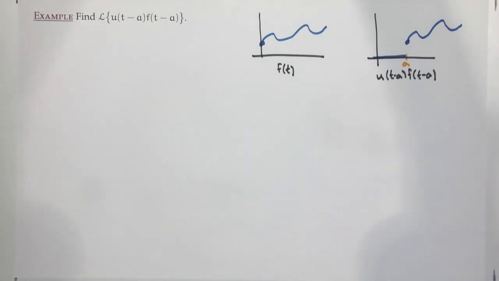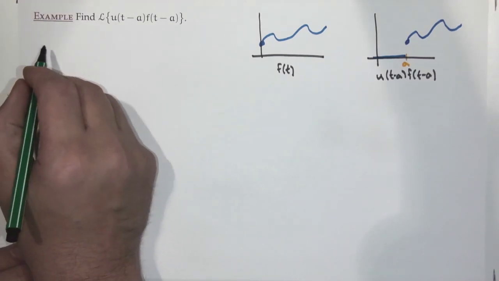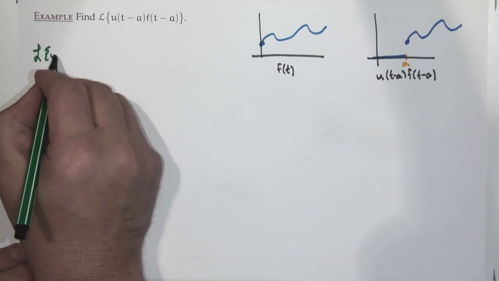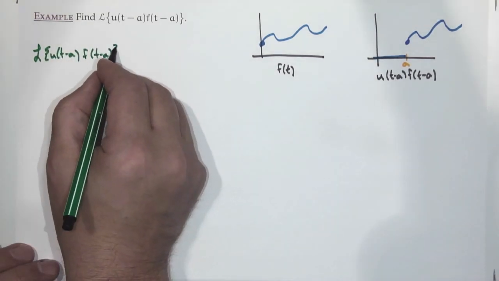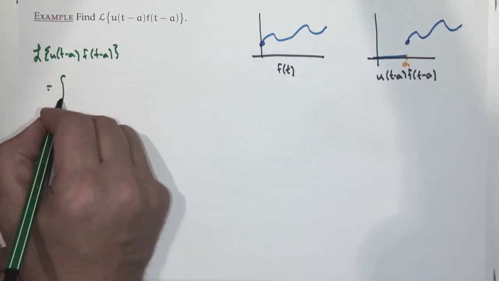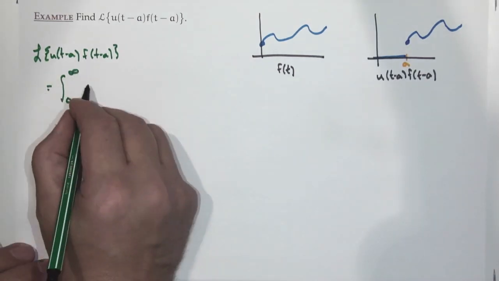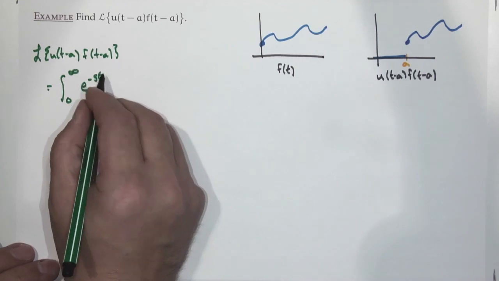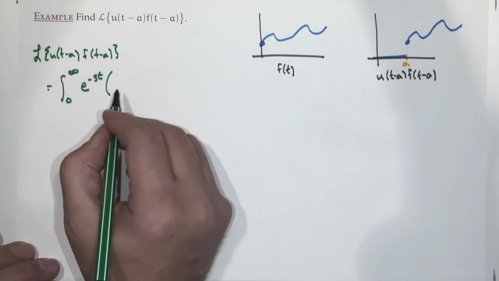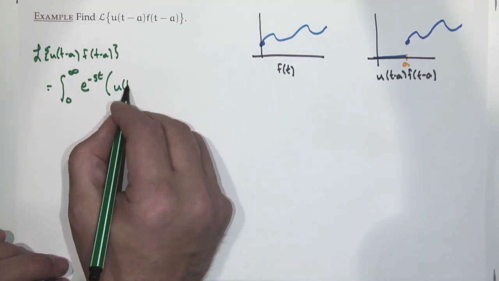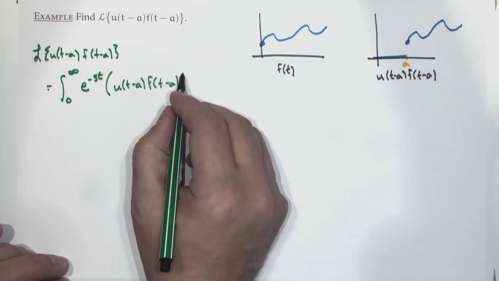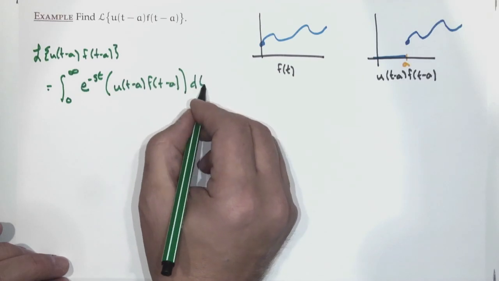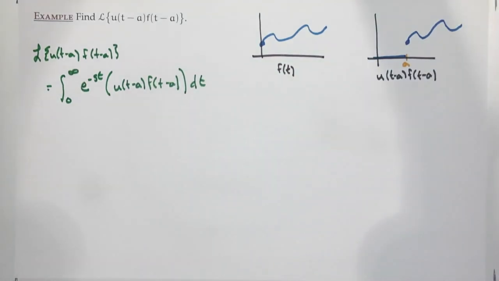So, we have the Laplace transform of u of t minus a, f of t minus a, is the integral from 0 to infinity of e to the minus st times the function u of t minus a, f of t minus a, dt. All right, that's what we have.